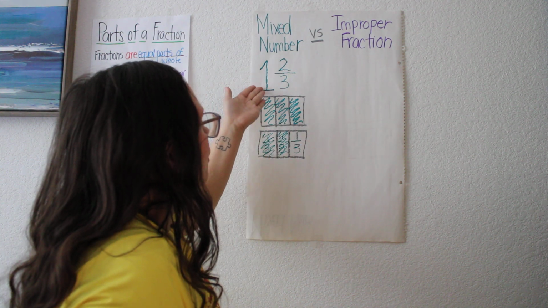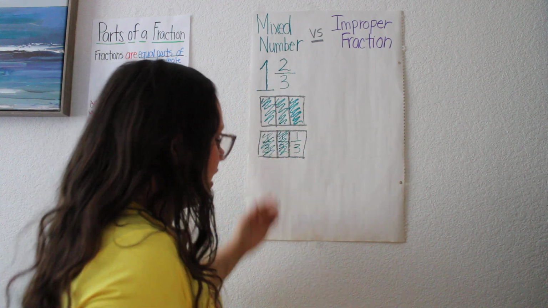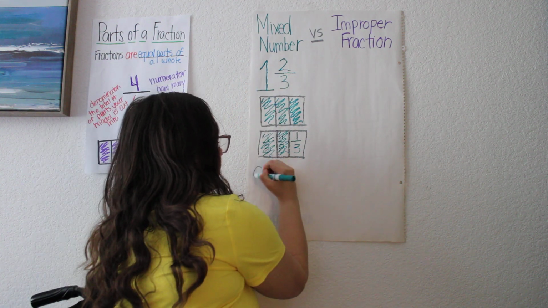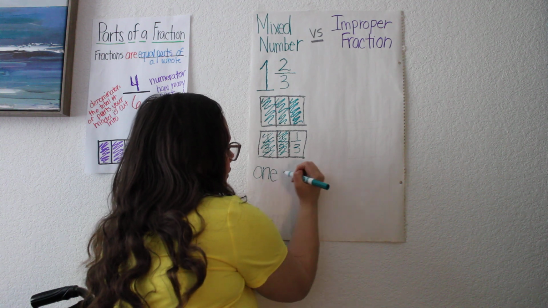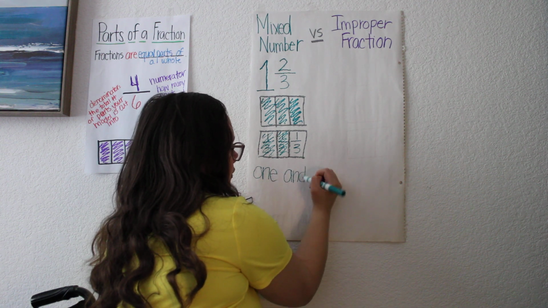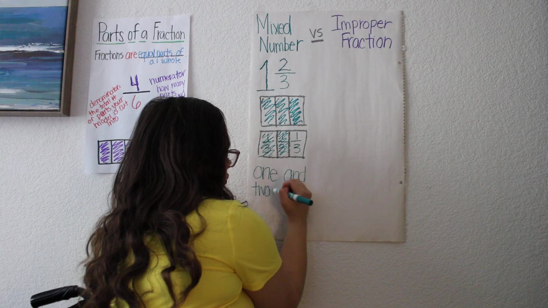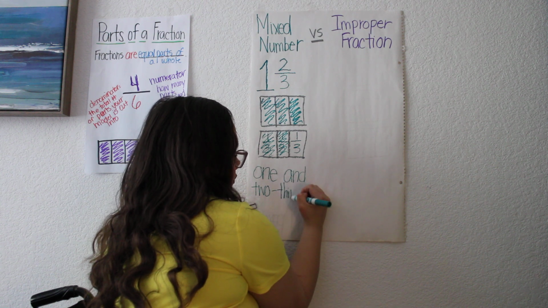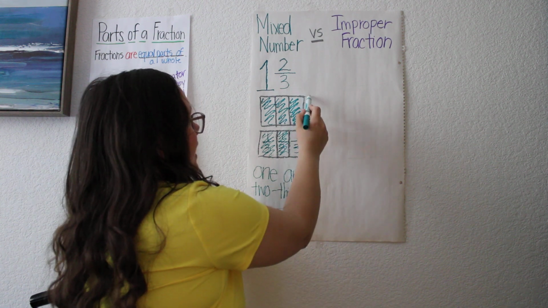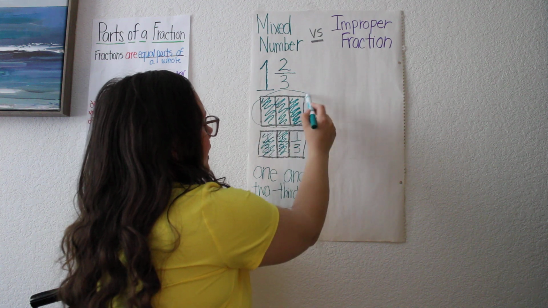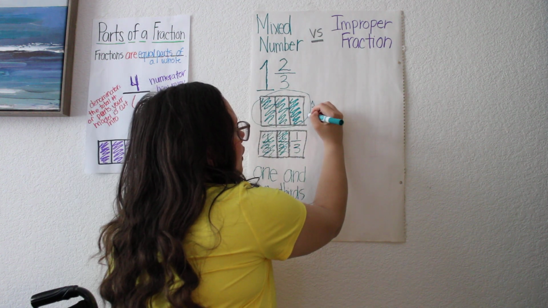So here I've got the number 1 and 2/3. That is how I say it, and this is how you read it. 1 and 2/3. This right here is worth 1 whole.